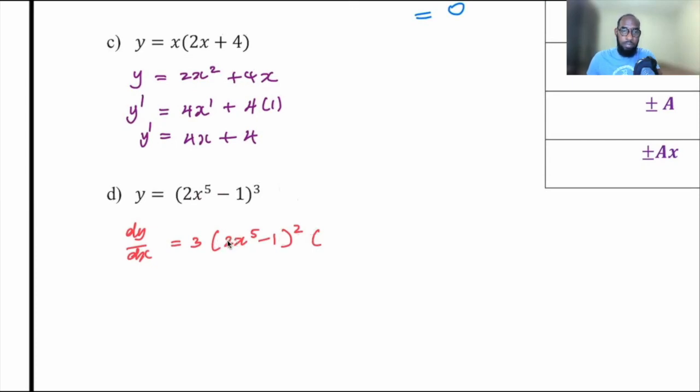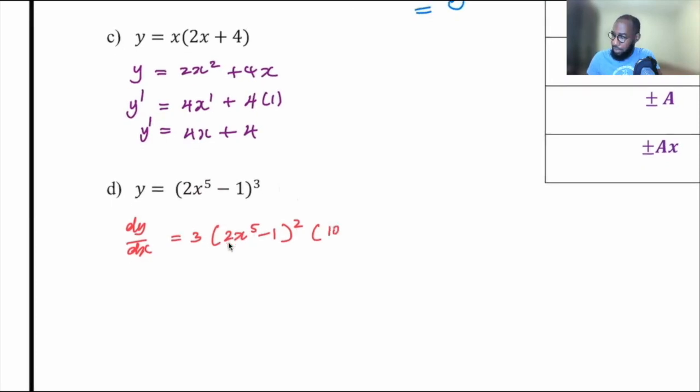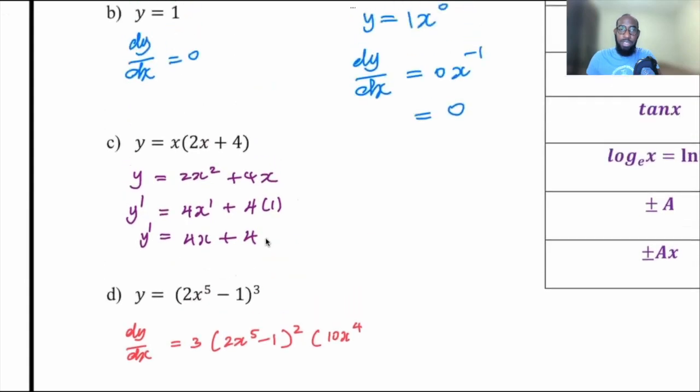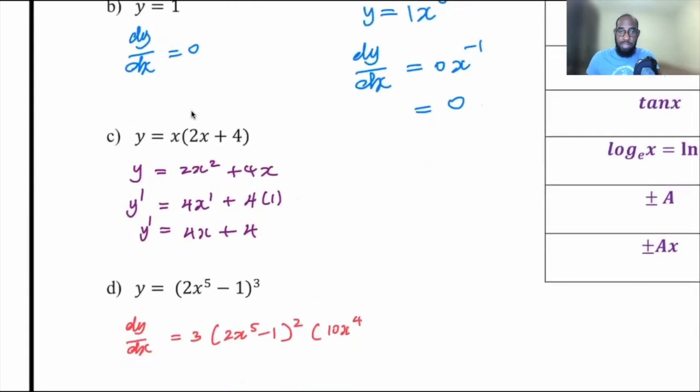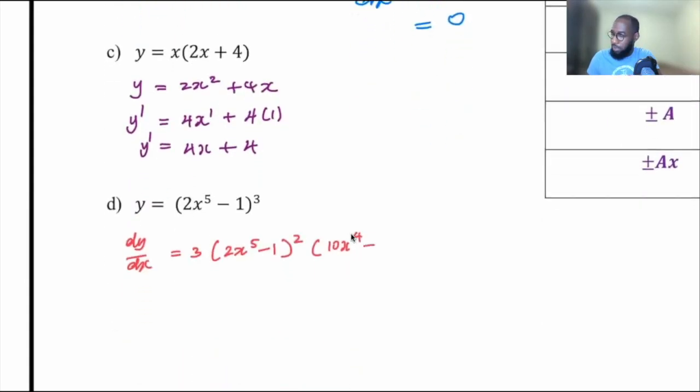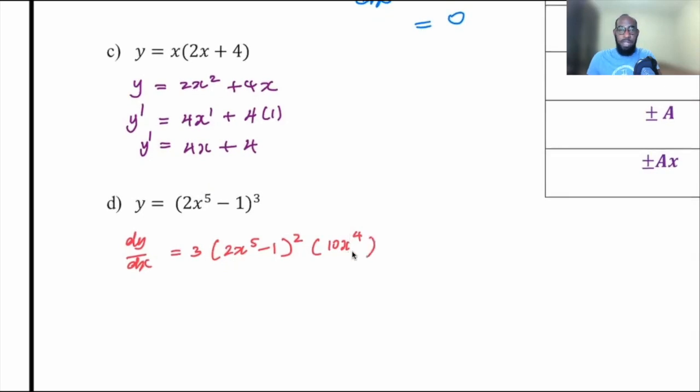So when you differentiate 2x to the power 5, 5 times 2 is 10. x, 5 minus 1 is 4. Minus, remember when you differentiate a constant, it's 0, right? So, I mean, you could put minus 0, right? But that's wasting time. So once we know when you differentiate a constant, it's 0, just close your bracket one time, right? Close your bracket.